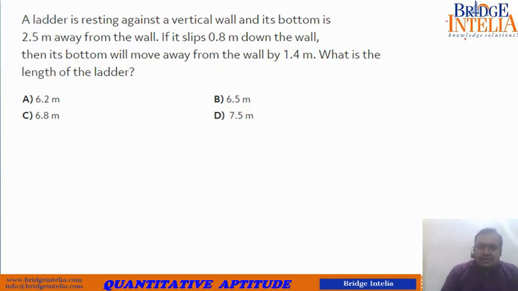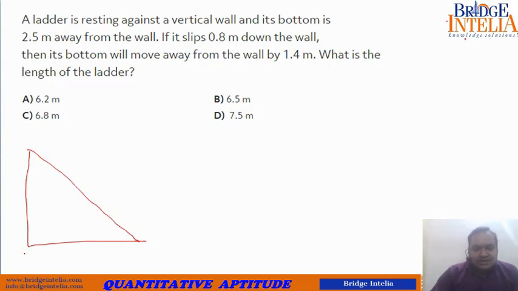Its bottom is 2.5 meters away from the wall. So in the first case, the wall is there, the ladder is there, and the foot of the ladder is 2.5 meters away from the wall.